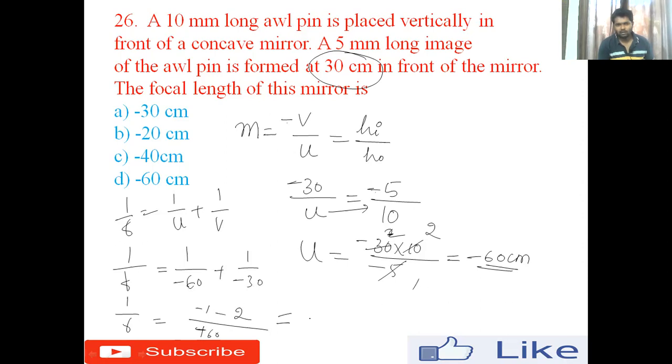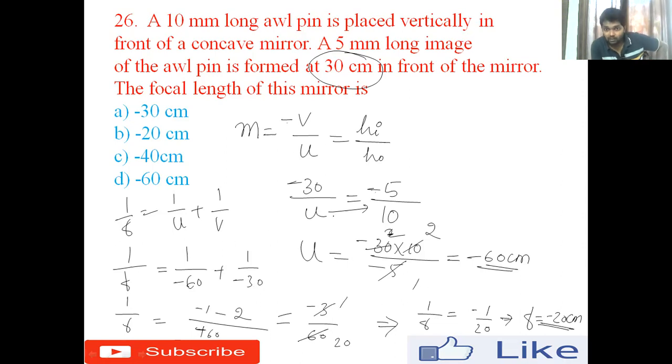So now I can write minus 3 divided by 60, and 3 twenties are 60. So 1 by F equals minus 1 divided by 20. If you take the reciprocal, F equals minus 20 centimeter.